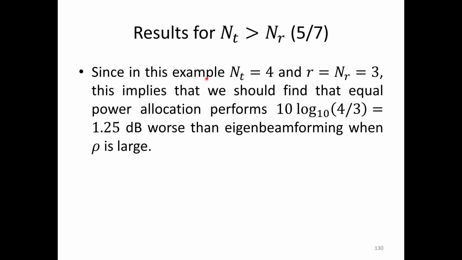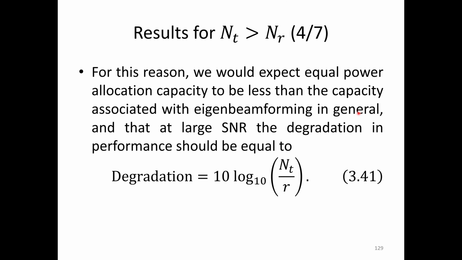Since in this example, NT is equal to 4 and NR is equal to 3, this implies that we should find that equal power allocation performs 10 times log 10 of 4 divided by 3. Why?